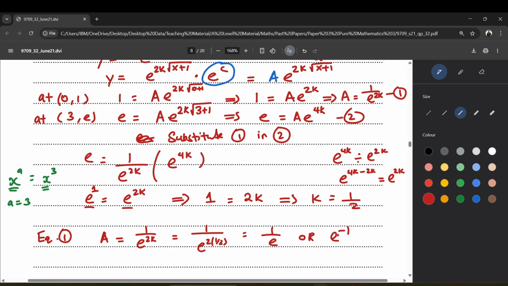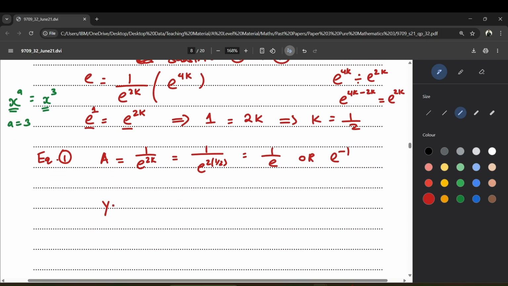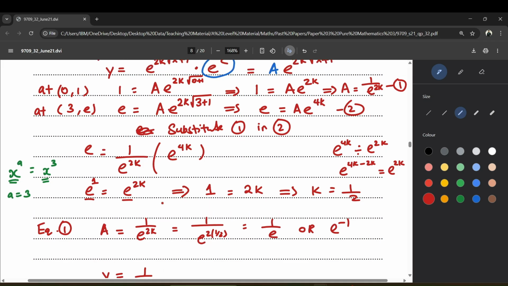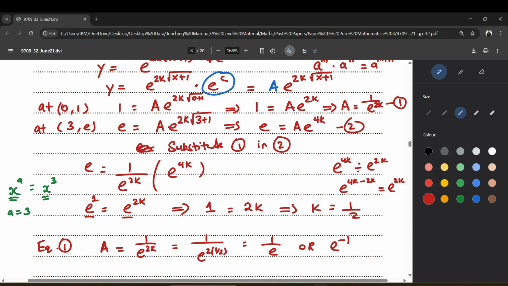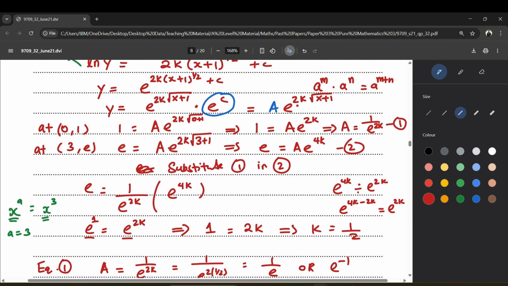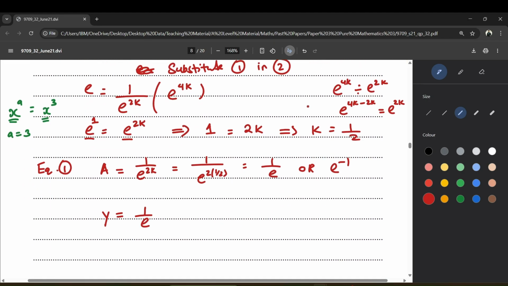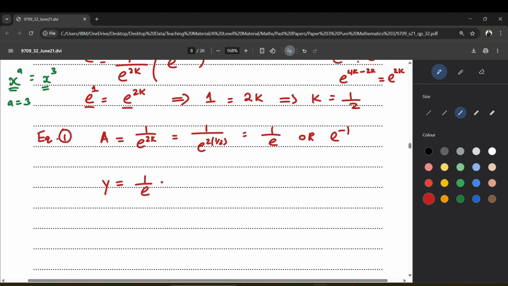That's up to you. Therefore, our equation is going to be, all right, a is 1 upon e. Then we have this equation here, so e to the power 2k root x plus 1. So we're going to write down e to the power 2k, so k was half, root x plus 1.